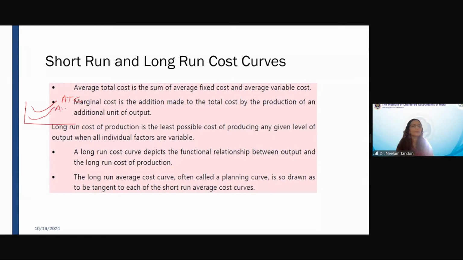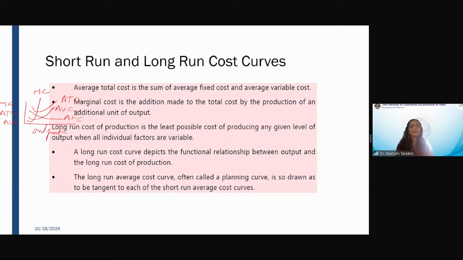This is average variable cost. This is marginal cost. And if you make AFC, AFC will be like this, downward sloping. So you can see all ATC, AVC, MC are all U-shaped curves. Only AFC is downward sloping.